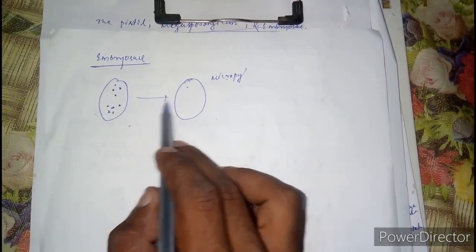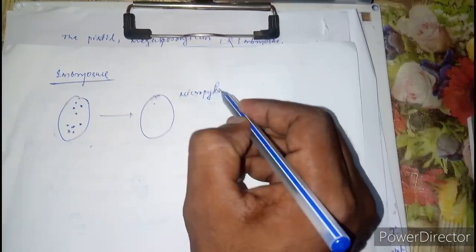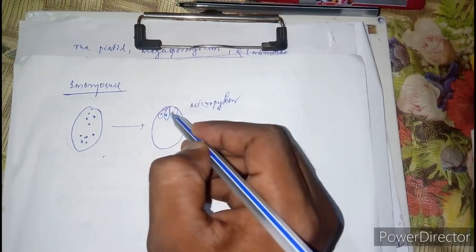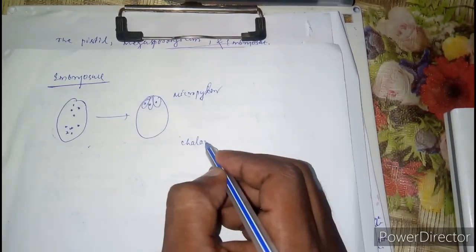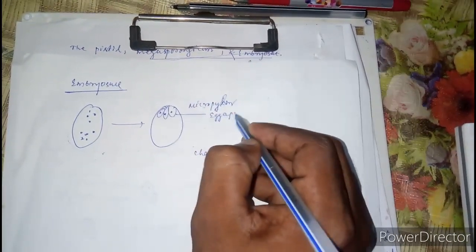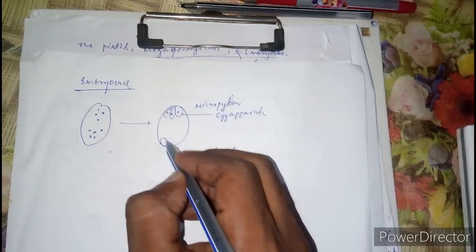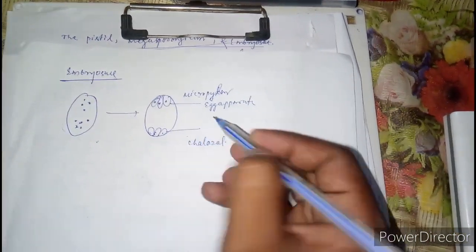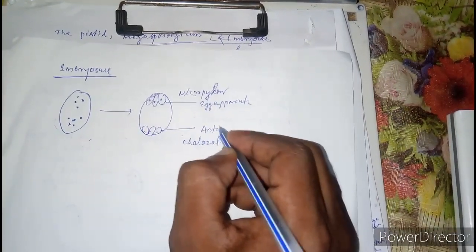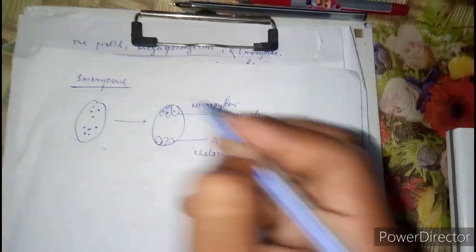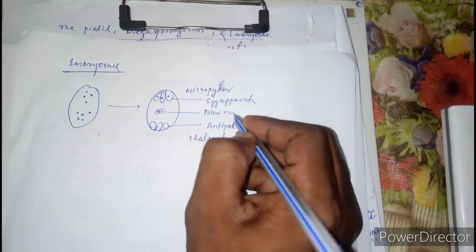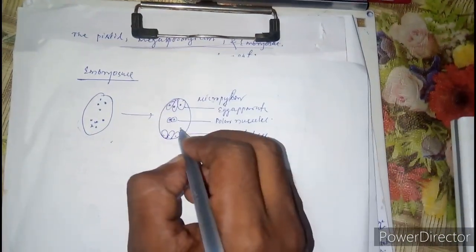Out of the 8 nuclei, 3 nuclei toward the micropylar end form the egg apparatus, and 3 nuclei towards the chalazal end form the antipodal cells, and 2 nuclei at the center form the polar nuclei, and here will be the central cell.